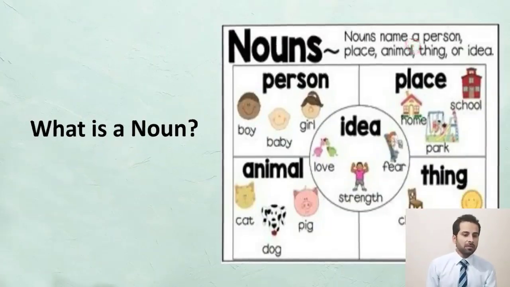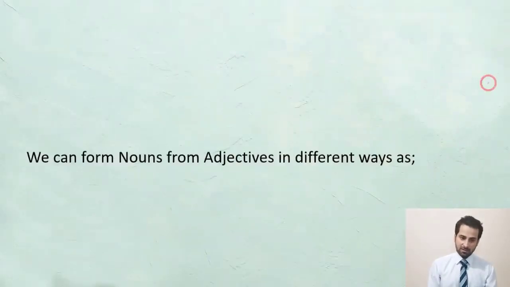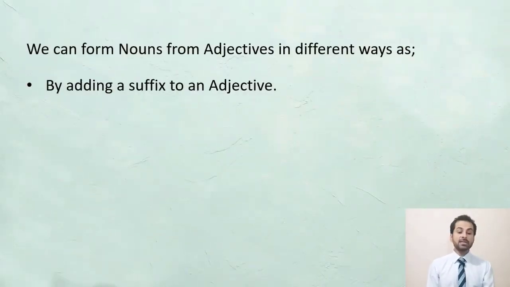Now the question arises in our mind, how to change adjectives into nouns. Suffixes are the letters that are joined with words to make new words. Students, we can form nouns from adjectives in different ways. By adding a suffix to an adjective, like if we have happy, we can add NESS with it and it becomes happiness.